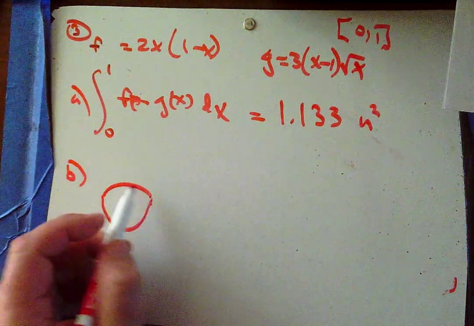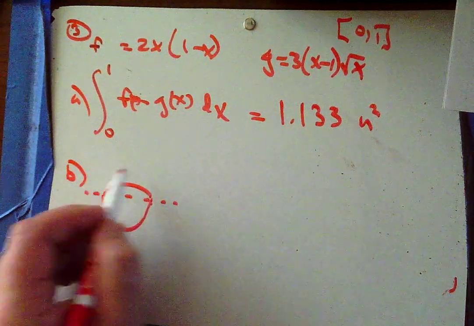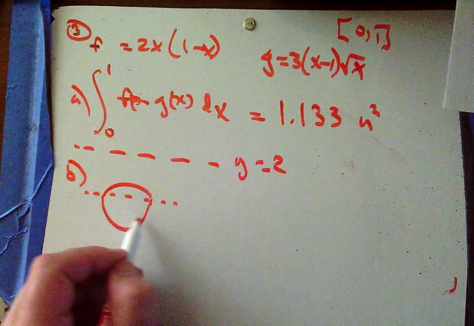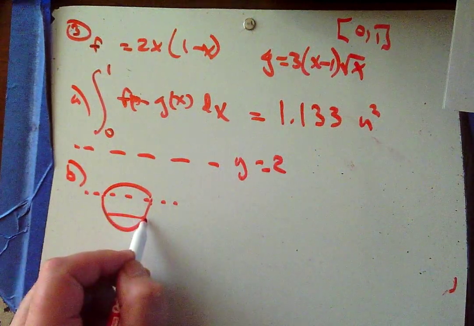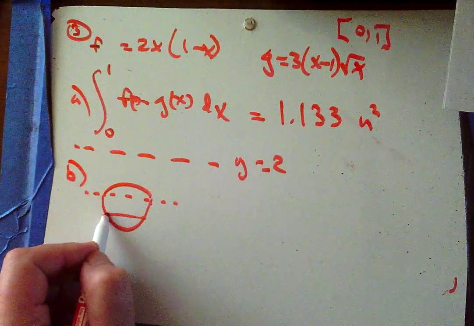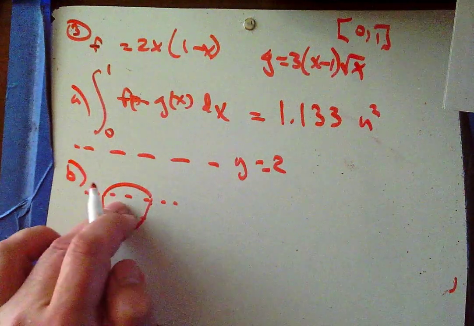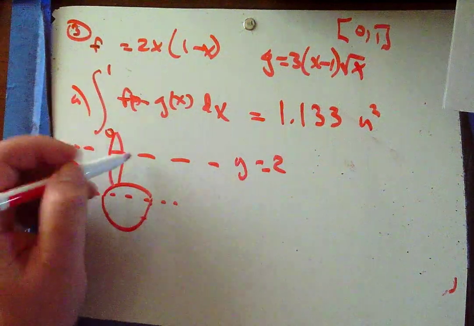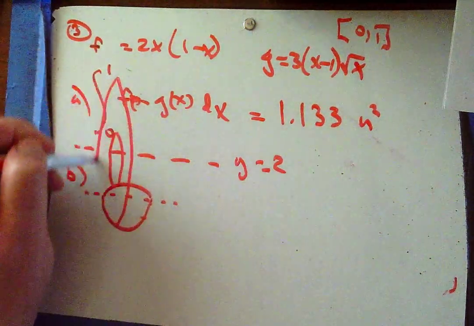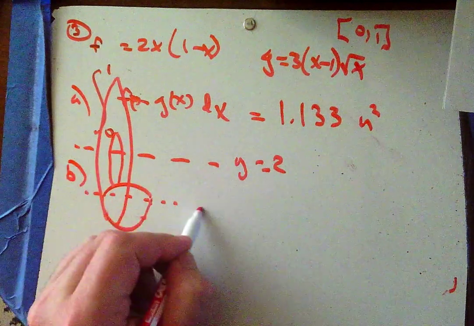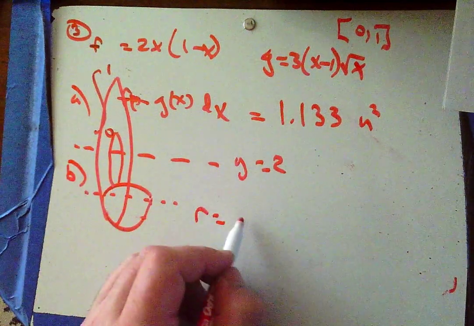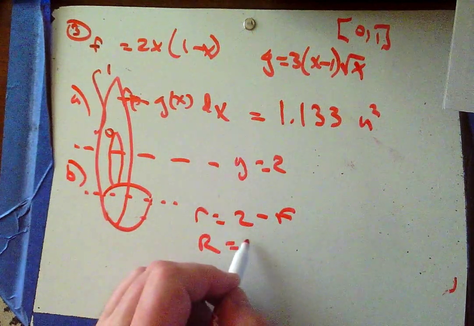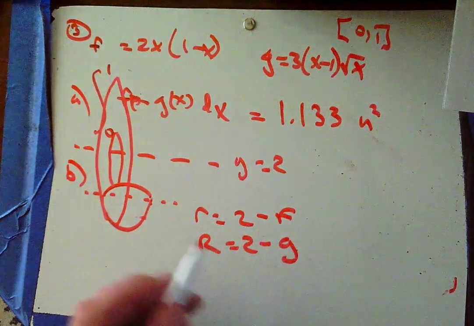Okay, so we're taking this region and we're rotating it around y equals 2. I'm not going to do shells because the right and left are the same function. Instead, I'm going to do washers, where little r equals 2 minus f, and big R equals 2 minus g.